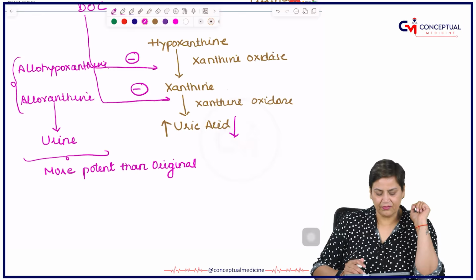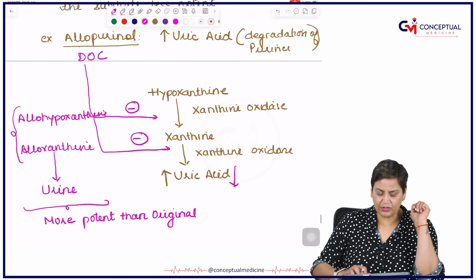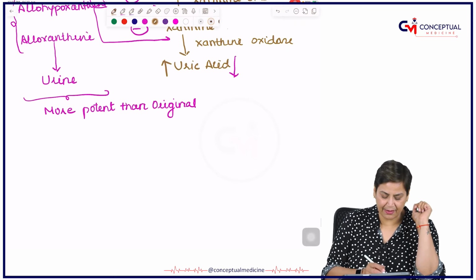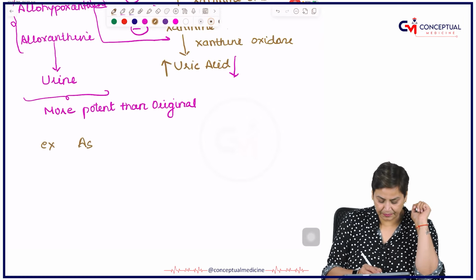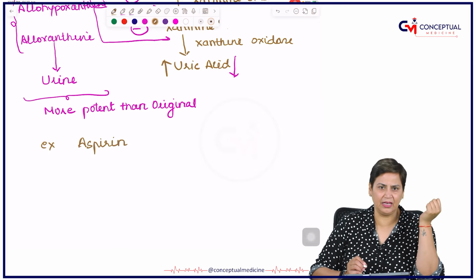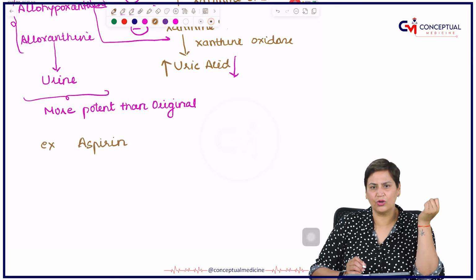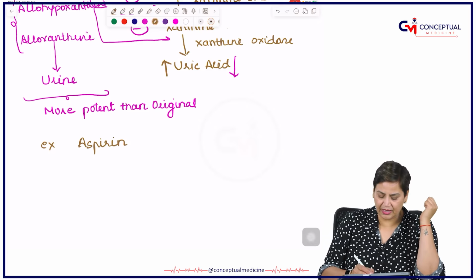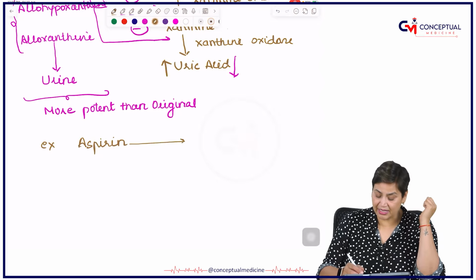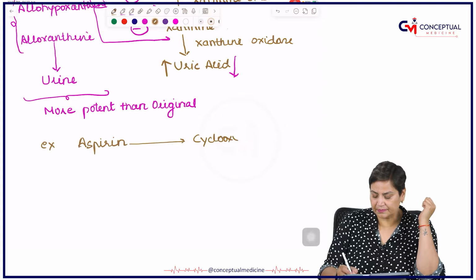This is one very important example of suicide inhibition, and the second example of suicide inhibition is aspirin. Aspirin is again a very frequent painkiller. If taken in high doses, it is harmful. What is the function of aspirin? It is a suicide inhibitor of cyclooxygenase, or commonly we call it COX.